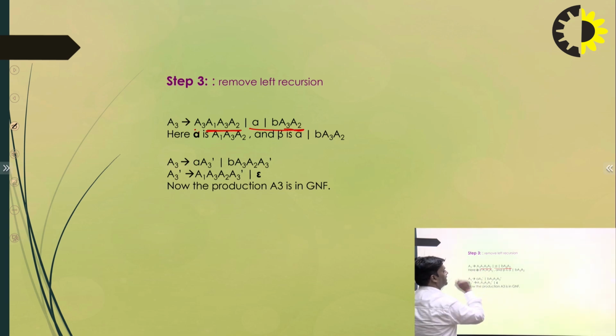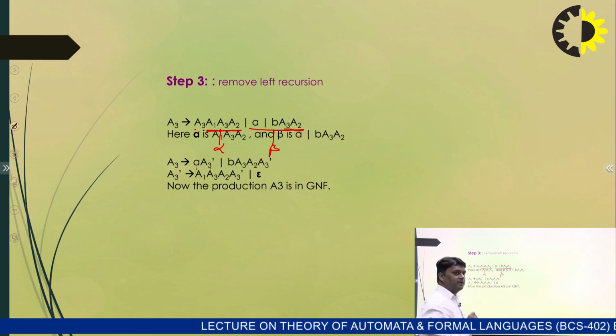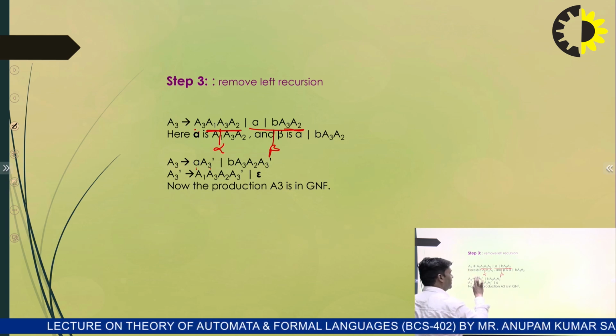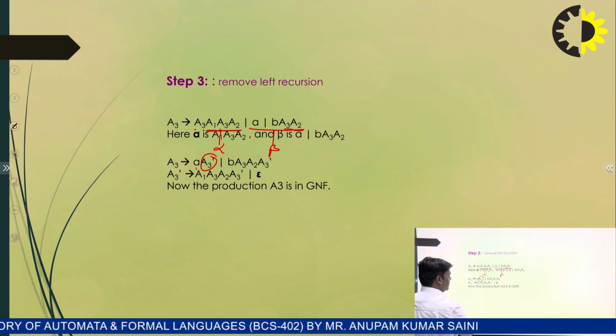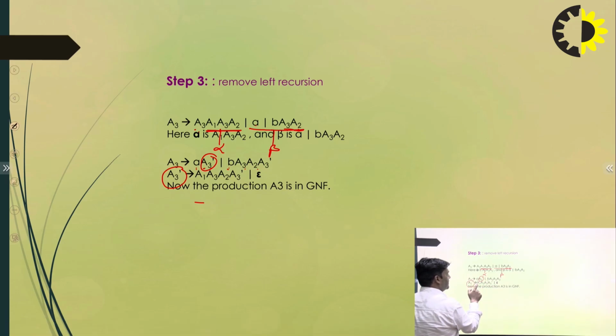If we write it as alpha and beta, then to remove left recursion we write A3 implies beta A3 dash, where beta is A, B A3 A2, and A3 dash derives alpha A3 dash and epsilon, with the new symbol converting left recursion to right recursion.